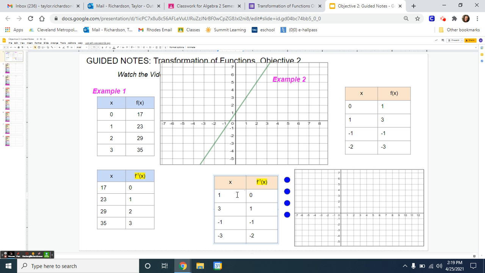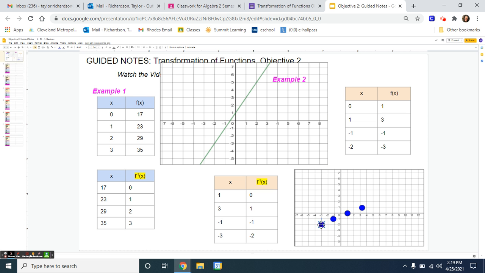So let's do that. My first point was 1, 0. I'm going to grab this blue point and put it at 1, 0. 3, 1: over 3, up 1. -1, -1. That's easy enough. And then last, -3, -2. And here we have a line.